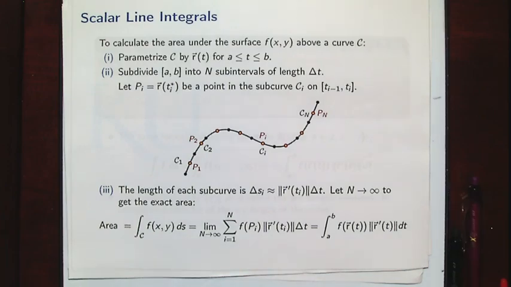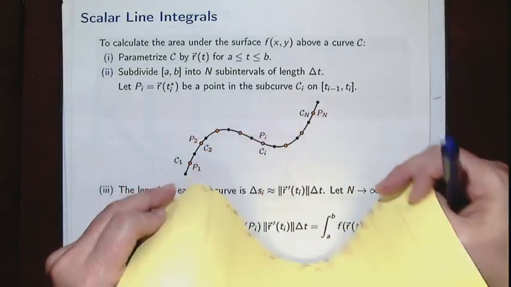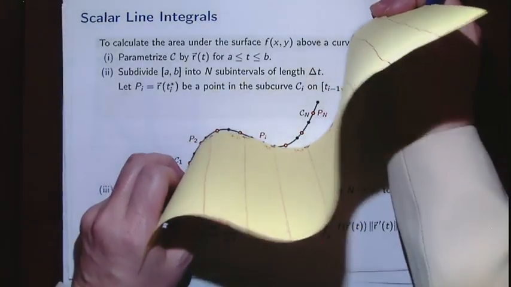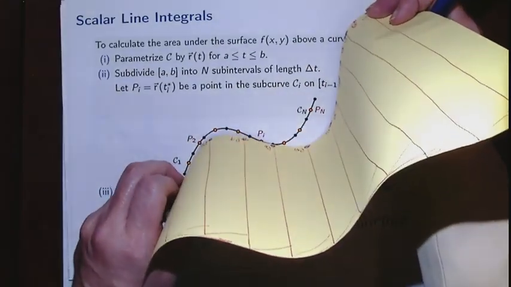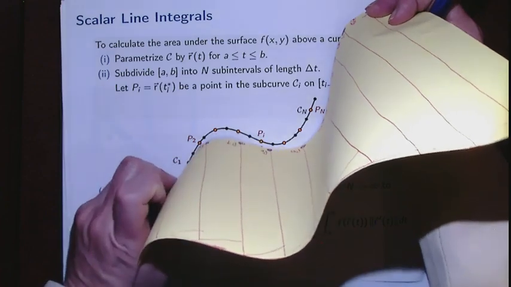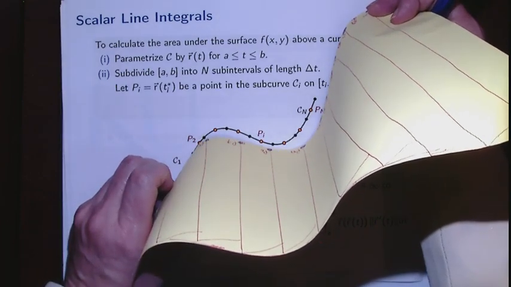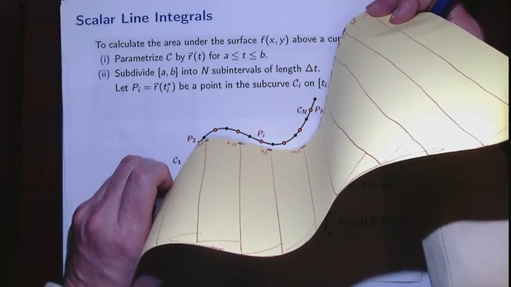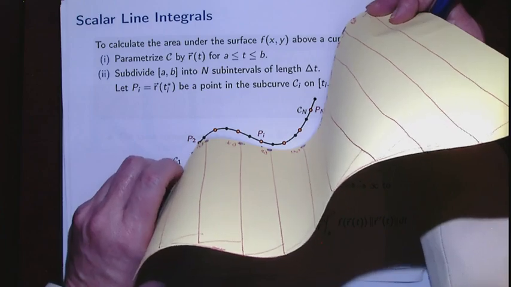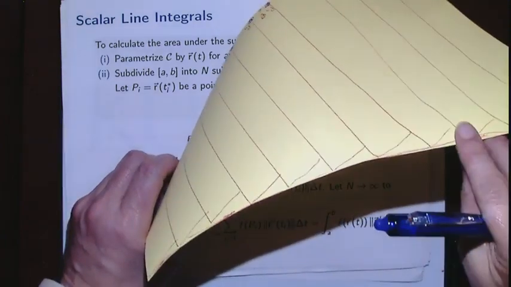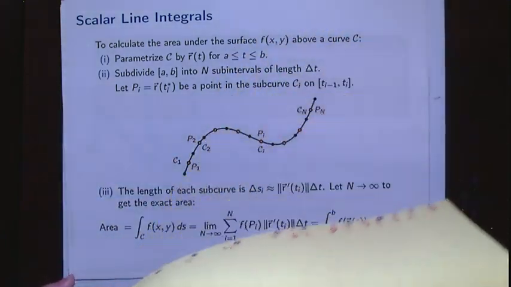Then I place the curve on top of it. Can you see this? Then I know the height of each rectangle by plugging those points into the function of this curve, the z value of the curve basically.